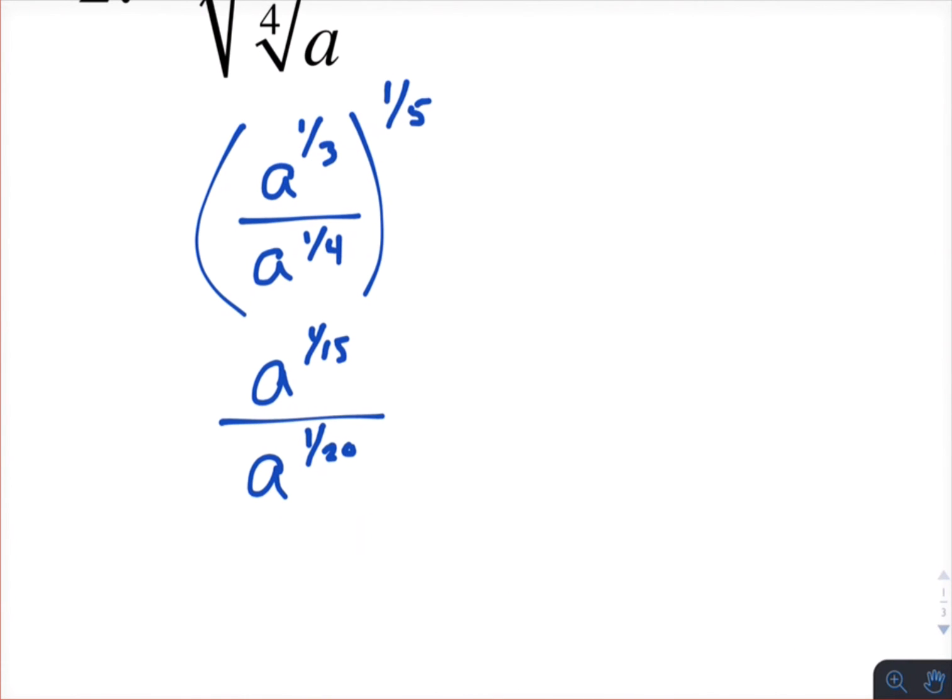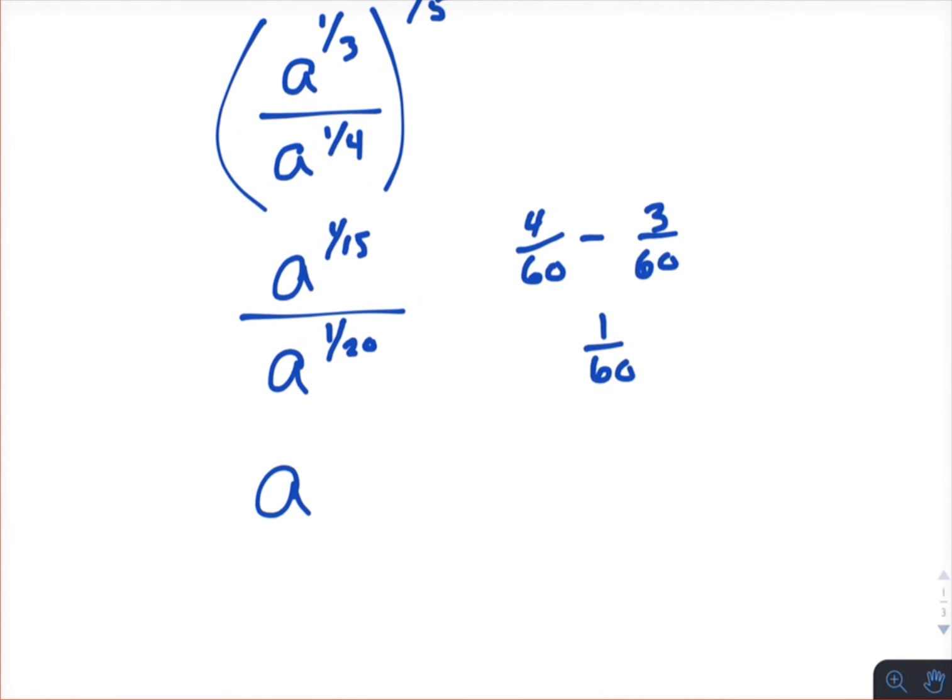So now we need a common denominator, and that's going to be 60. So I basically have 4/60 minus 3/60. And I'm doing subtraction because I'm dividing these two. So that's 1/60. So we get a to the 1/60th, which is the 60th root of a.